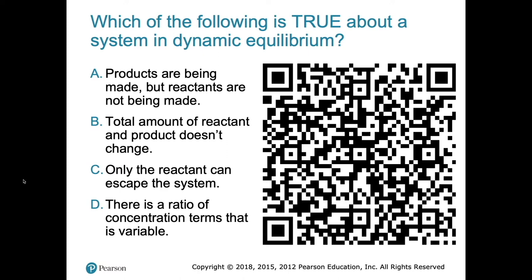It's not one or the other. Makes sense? And then this one here, why is this one not true? The ratio of the concentration terms is variable. It's constant, not variable. So the only correct answer here is that the total amount of reactants and products does not change, okay?